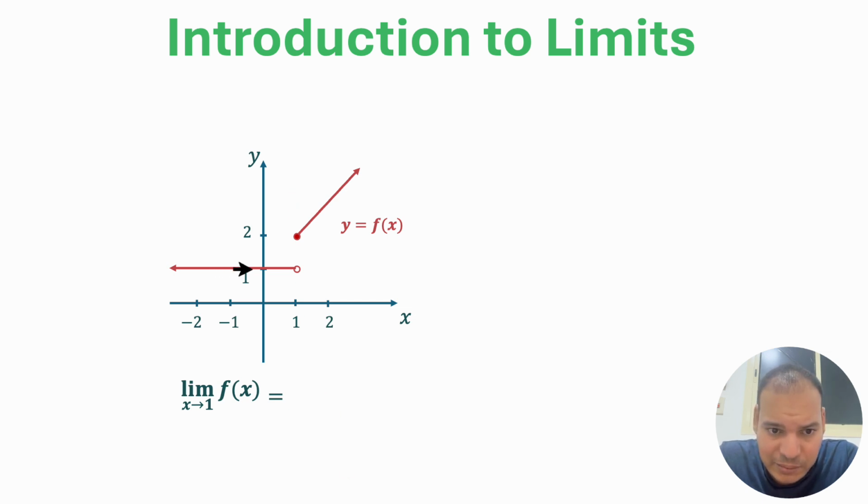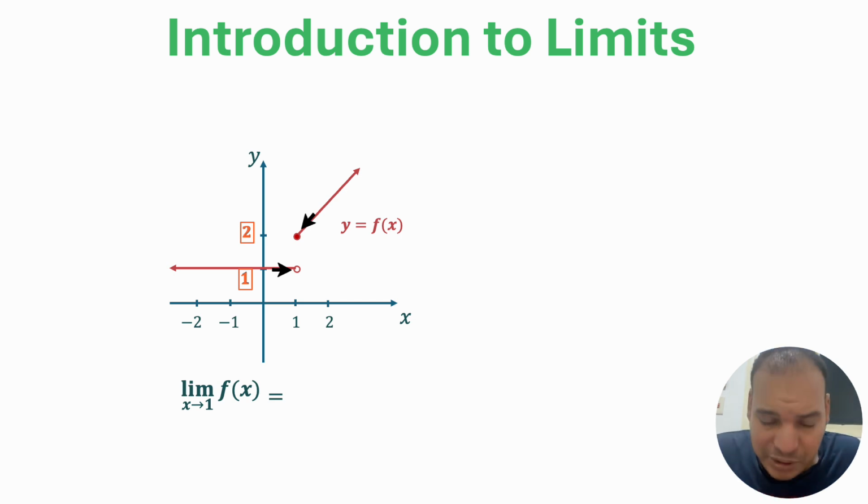Let's see here. Approaching it from the left gives us what? A y value, which is 1. Approaching 1 from the right, as you can see, gives us another point. So when we approach x equals 1 from both sides, we get two different values.